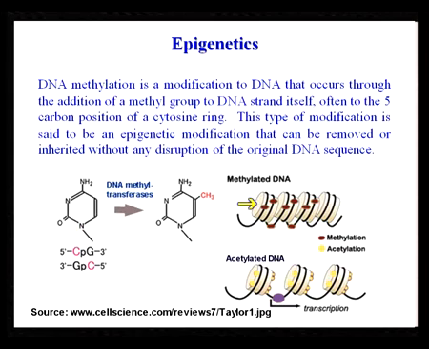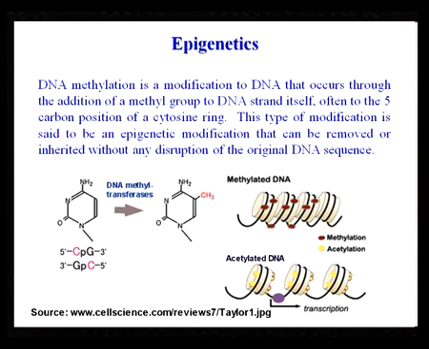This shows our histones, with DNA wrapped around them, and these brown structures are the methylation. That means the cytosine is methylated here, and the yellow structures in the second panel are acetylations.